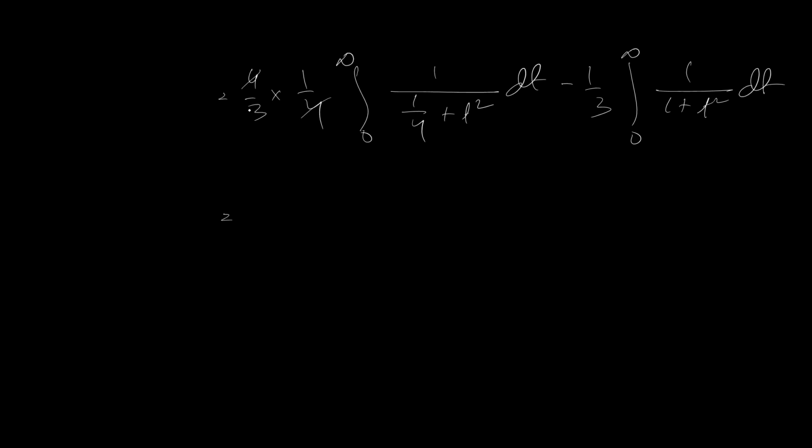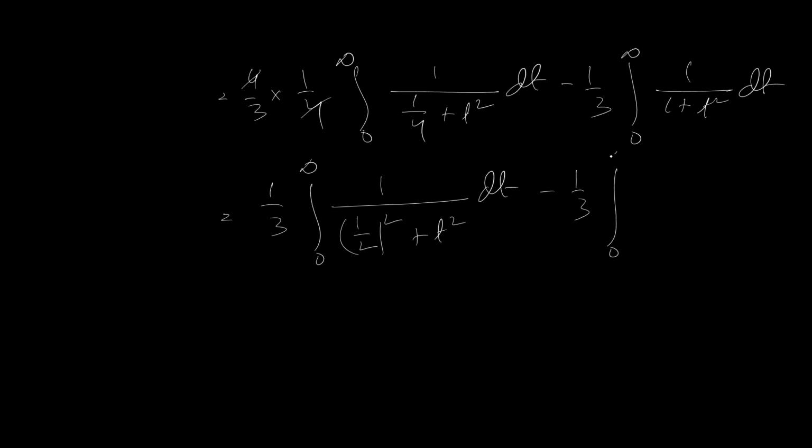So this 4 cancels out, 1 by 3, 0 to infinity, 1 by ((1 by 2) the whole square plus t square) dt, minus 1 by 3, 0 to infinity, 1 by (1 plus t square) dt.